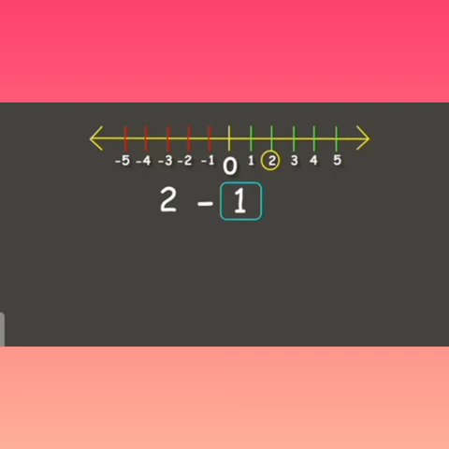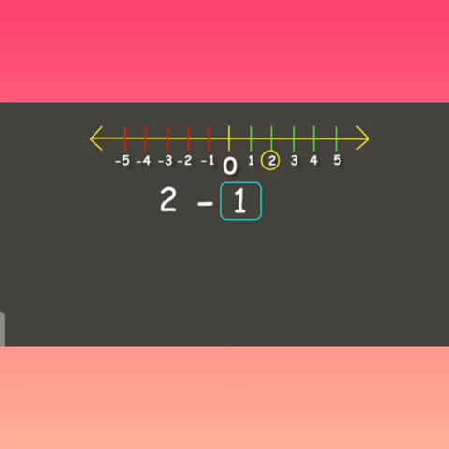In addition, we learned that if the number is positive, we need to move units to the right. And if it's negative, we need to move to the left. But since subtraction is the opposite of addition, here, instead of moving this positive to the right, we are going to move to the left.